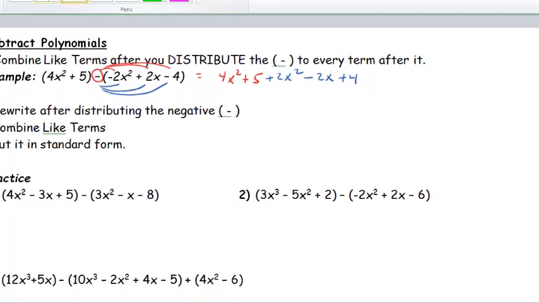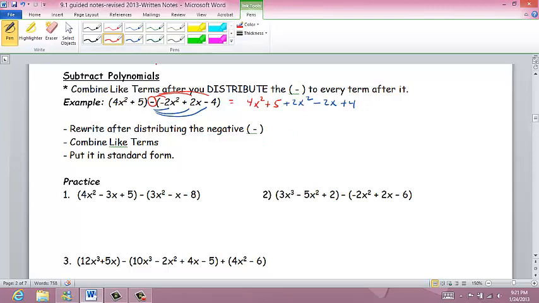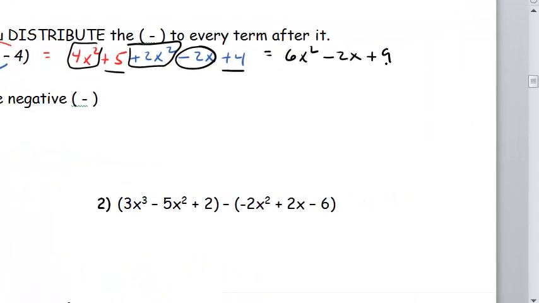Well, once I distribute the negative and I get rid of the parentheses, now I go ahead and combine my terms. 4x squared plus 2x squared is 6x squared. And negative 2x, nothing to combine with, so minus 2x. 5 plus 4 is 9.